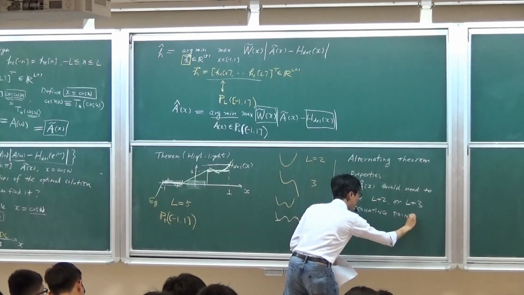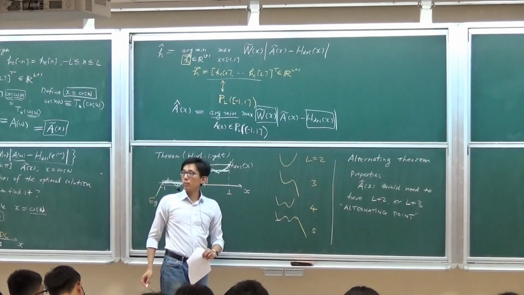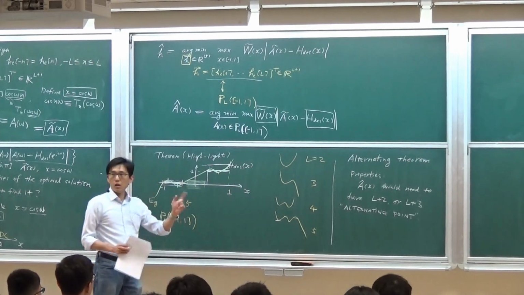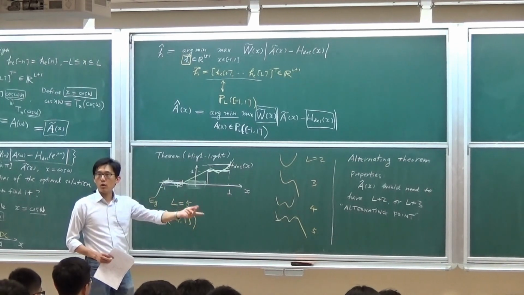Yes. And what is an alternating point? That means the optimal solution would have L plus 2 or L plus 3 different points.